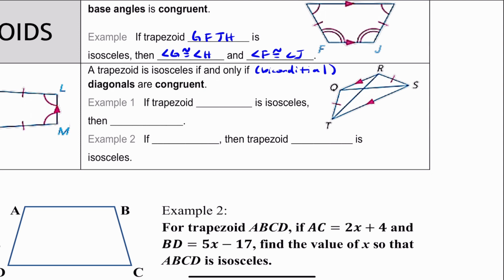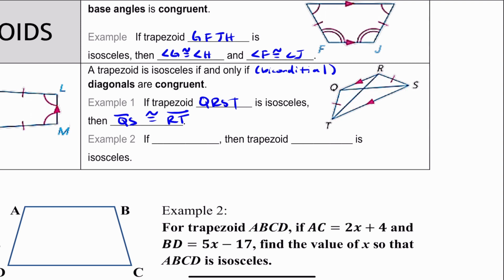So if trapezoid QRST is isosceles, then we can say that segment QS is congruent to segment RT. Okay. So, once again, if the trapezoid is isosceles, then the diagonals are congruent.